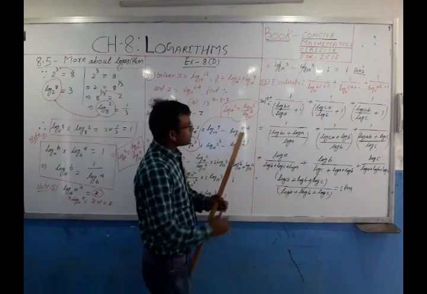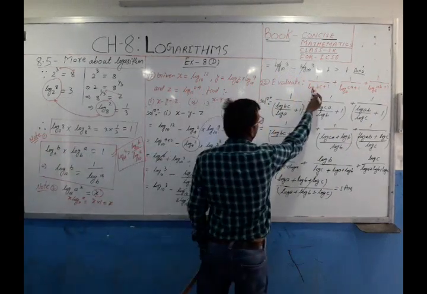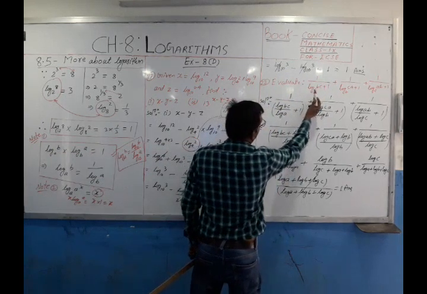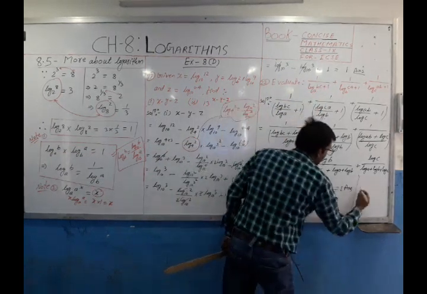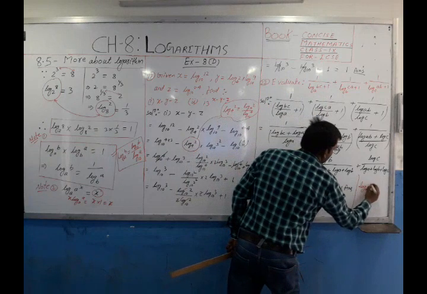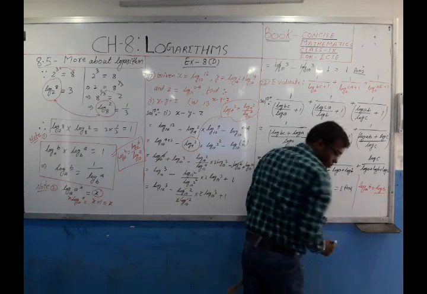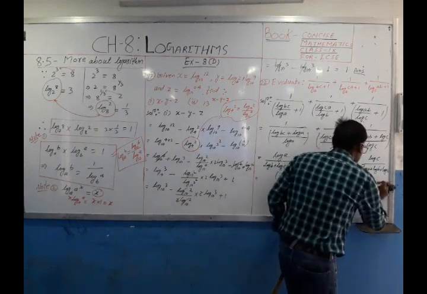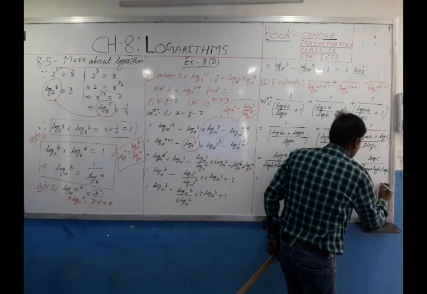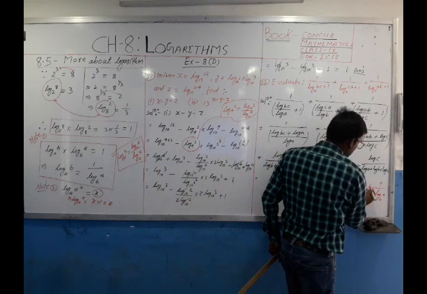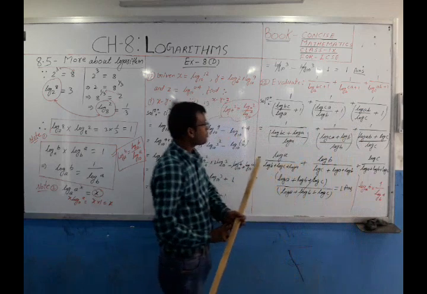That means 1 divided by log bc divided by log a. That means what? Log a to the power b is equal to what? Log b divided by log a, so just interchange the exponent and the base.